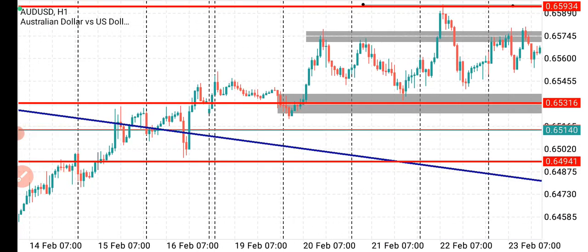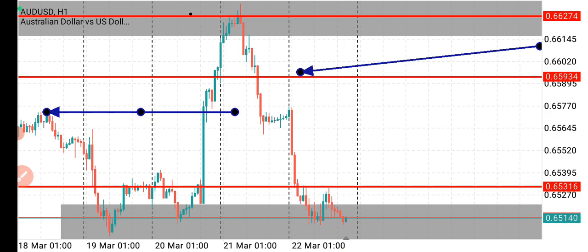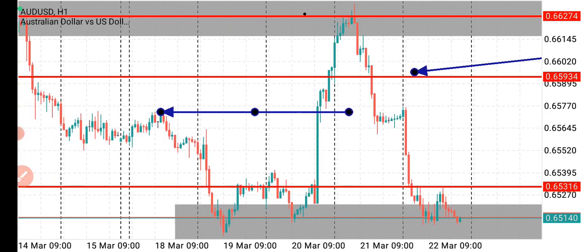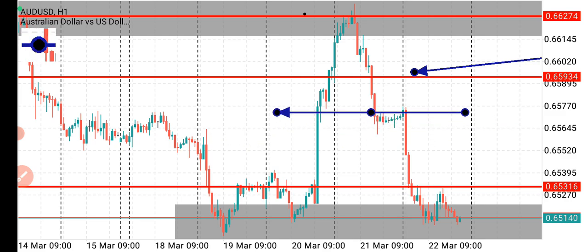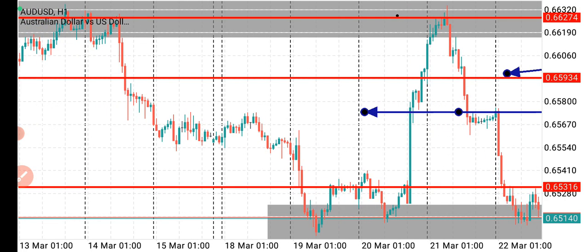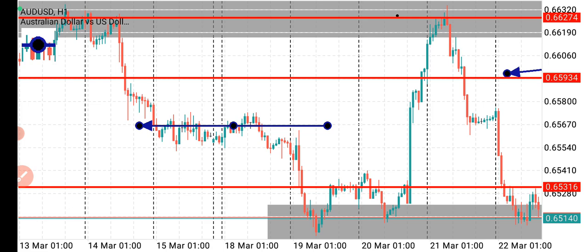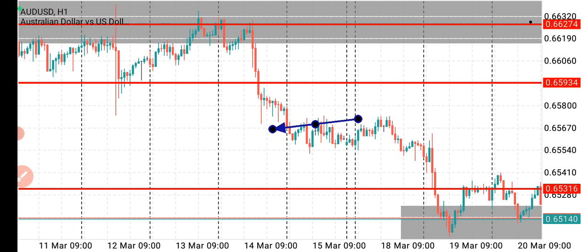But the goal of this particular video is to enable us to identify our area of support and our area of resistance. So the assignment I want you to do is to open up your chart from the daily to H1 and mark out your areas of support and resistance.